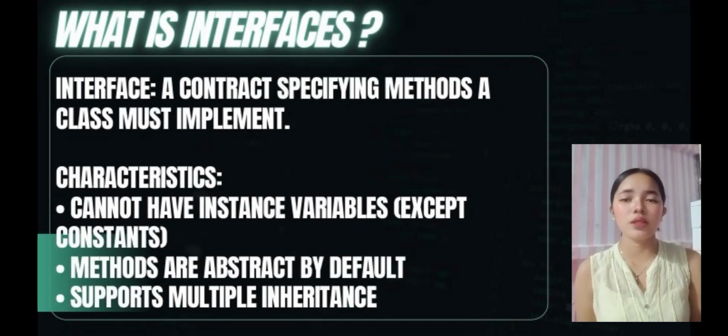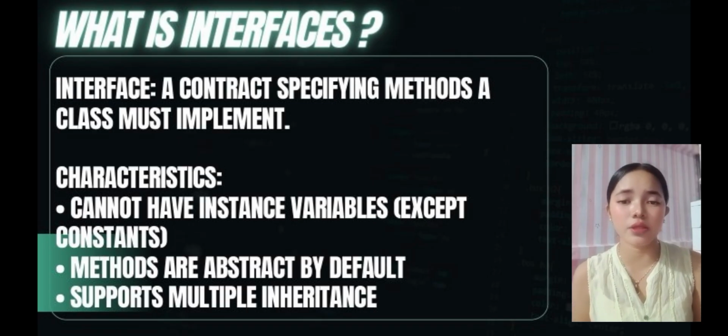Next, what is an interface? An interface is like a contract that defines a list of methods a class must implement. It doesn't provide the actual code, just the method names.